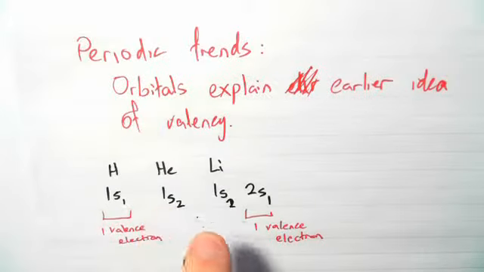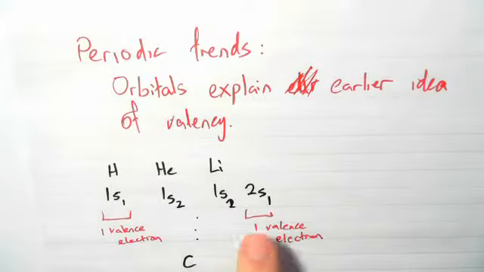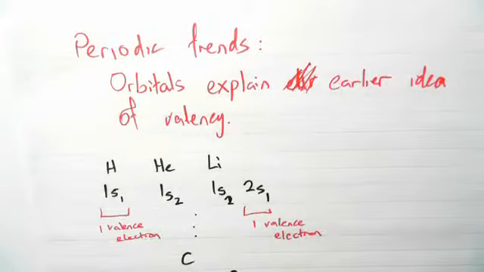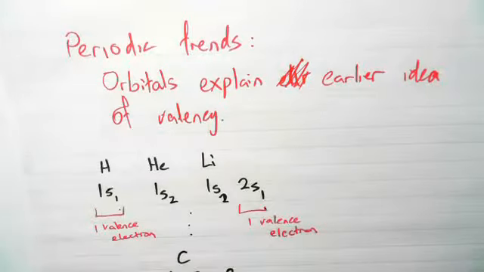Helium is 1s2, lithium is 2s1, so again it's 1 valence electron, so you see patterns emerging where hydrogen and lithium are similar in how they react.